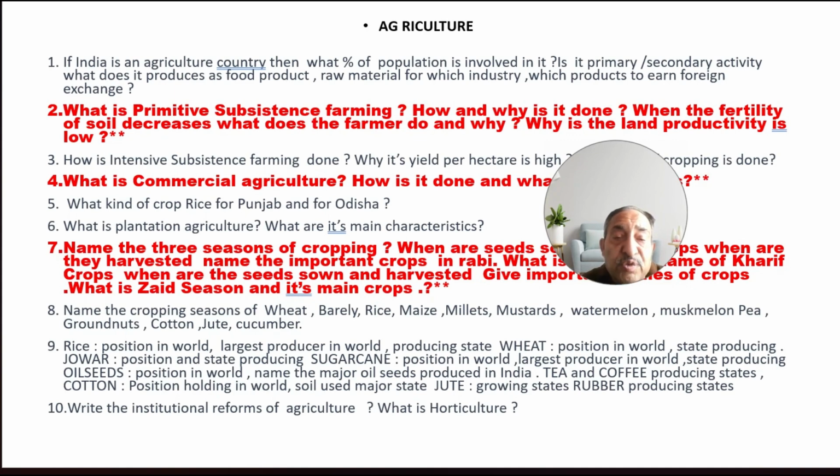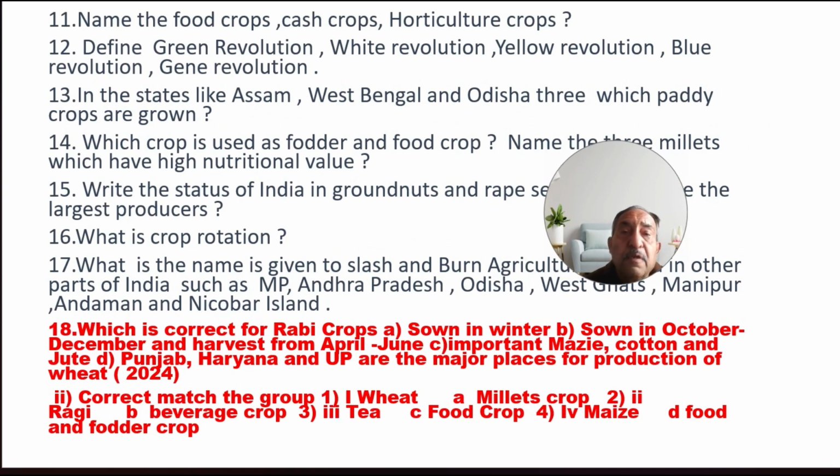Write the institutional reforms of agriculture. What is horticulture? Name the food crops, cash crops, and horticulture crops. Define green revolution, white revolution, yellow revolution, and blue revolution.